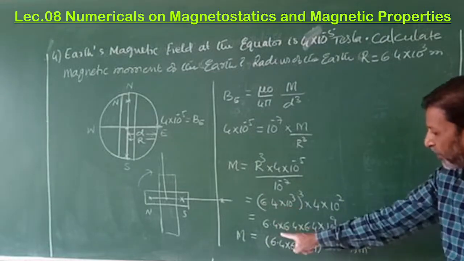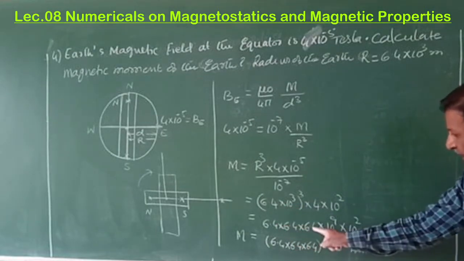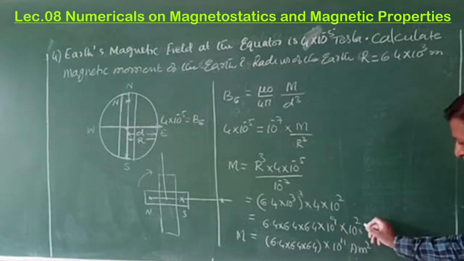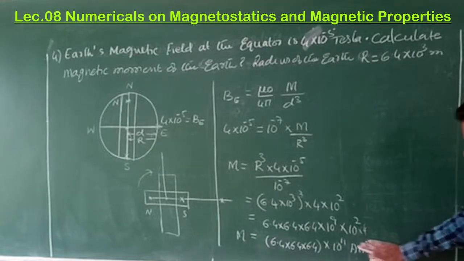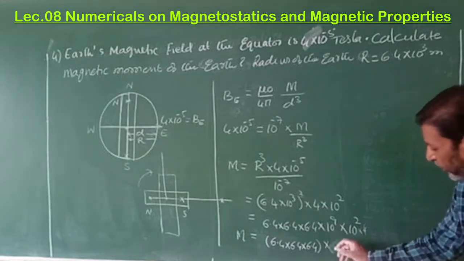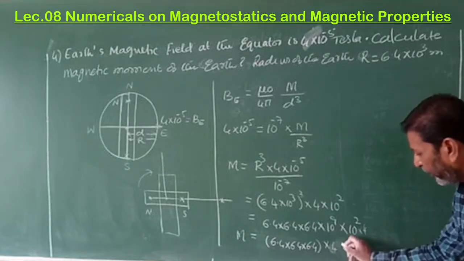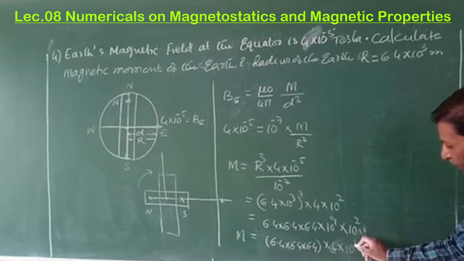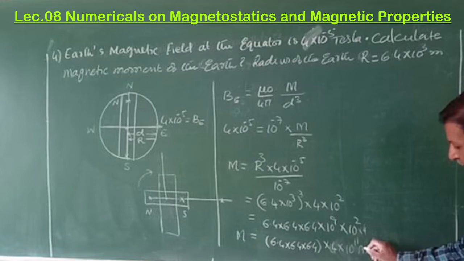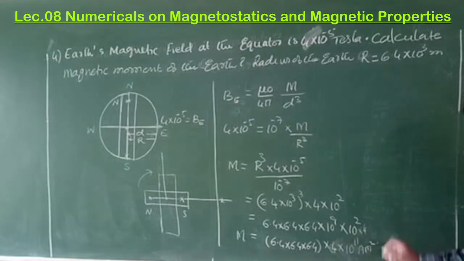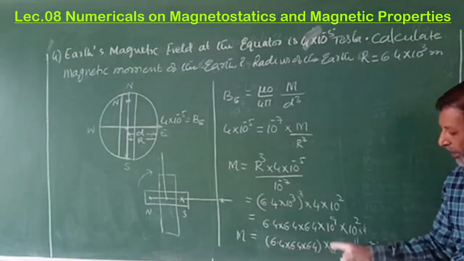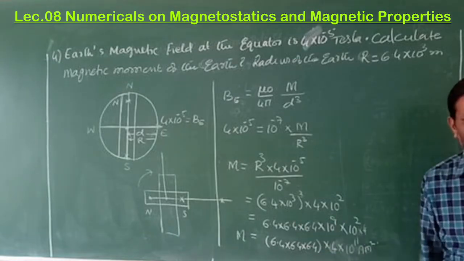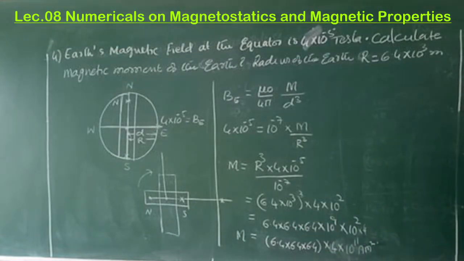The cube of this is 6.4, into 10 raised to 9, and into 4 is there. Multiply this into 4, and totally you will get 10 to the power of 11, and its unit is ampere meter square. Now you simplify this value, then into 10 raised to 11, that gives the magnetic moment of the Earth's magnet.